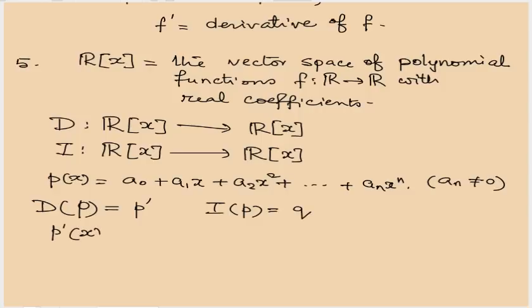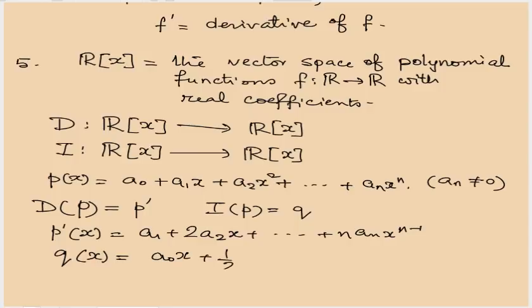What's the formula for P prime x? Well, P prime is a1 plus 2a2x up to n an x to the power n minus 1, and Q(x) is a0x plus half a1x squared plus 1/3 a2x cubed up to 1 by n plus 1 an x to the n plus 1.